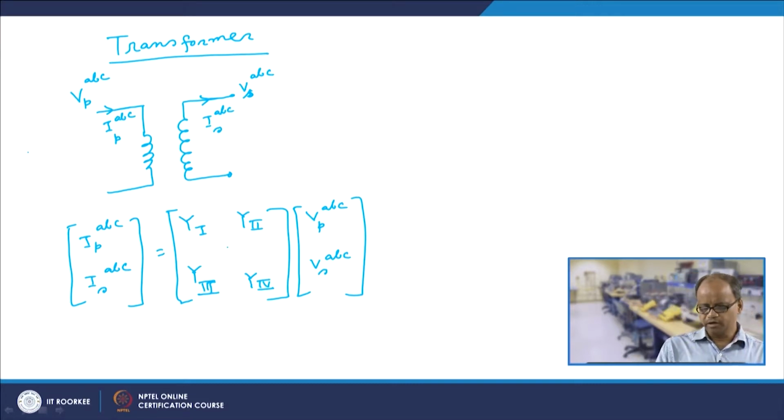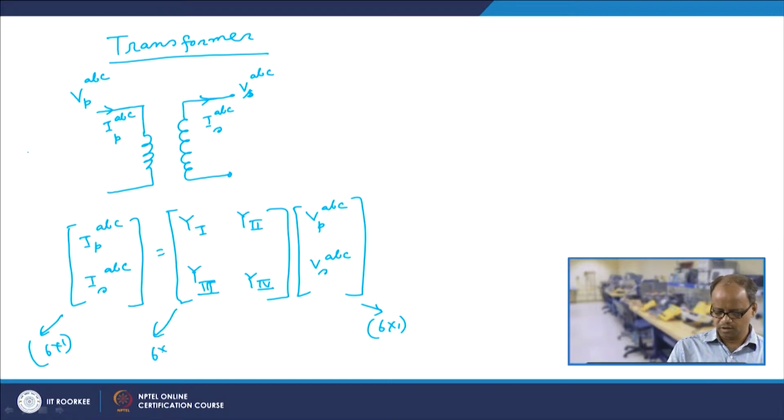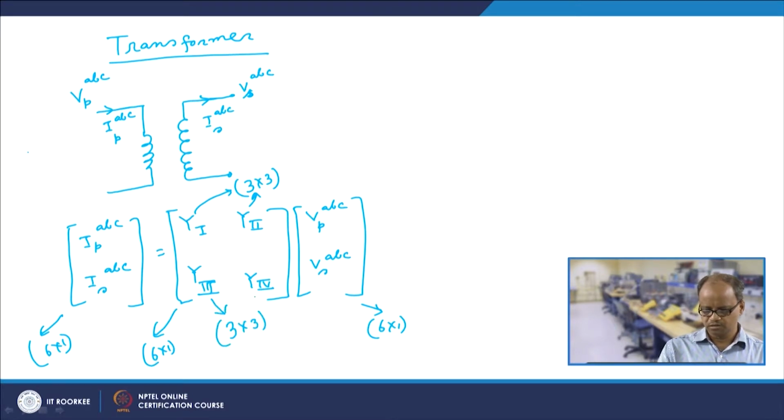Of course, this is 6 cross 1 because all of them are 3 cross 3. So, this is 6 cross 1 and this is also 6 cross 1, and individually all these matrices are 3 cross 3. So, that we know.